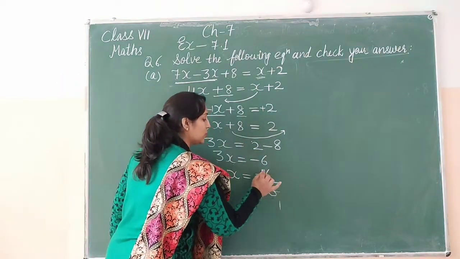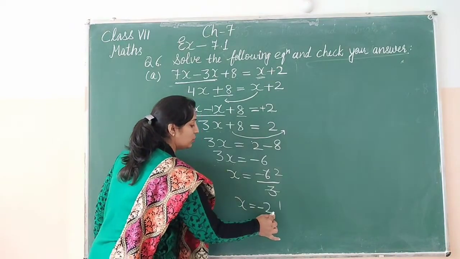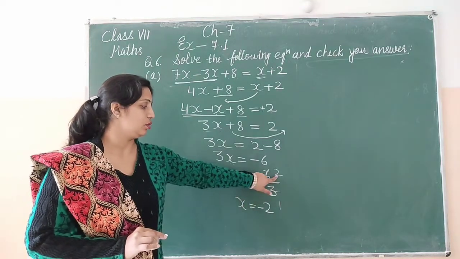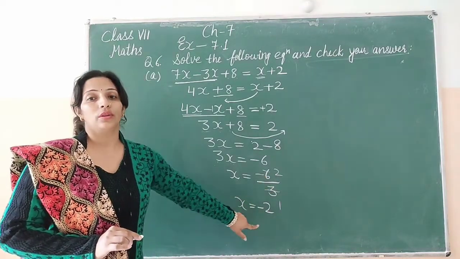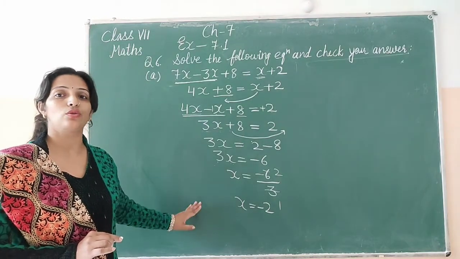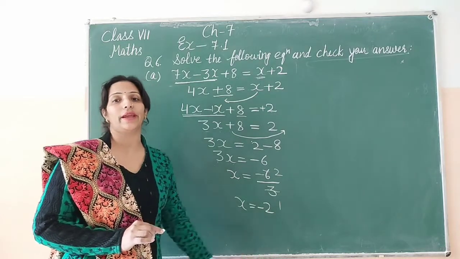Now 3 ones are 3, 3 twos are 6. So x is equal to negative 2. Negative sign as it is 2. So root of the equation you can say, or solution of the equation is what? X is equal to negative 2.